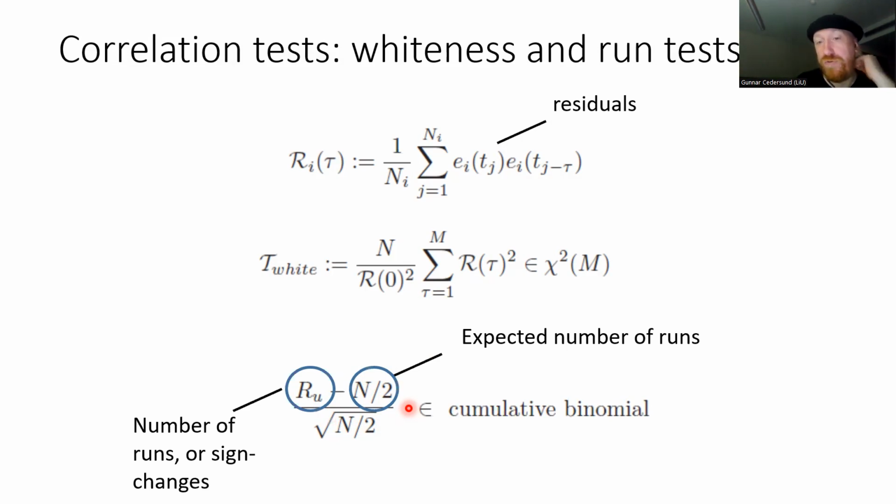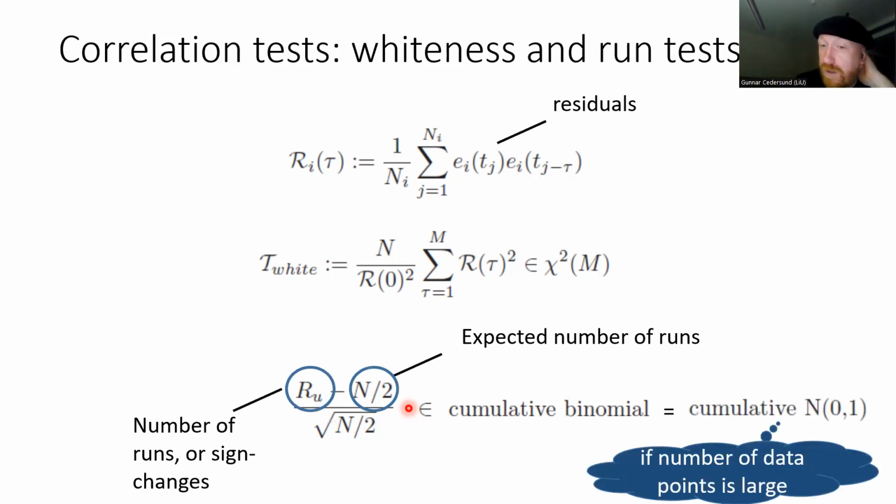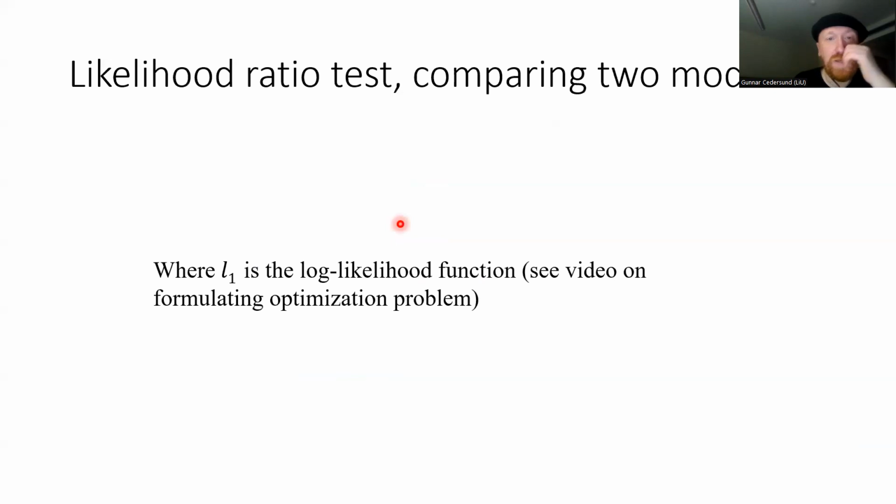If this is not a binomial distribution, then your assumption is not fulfilled and you have too many runs. So all of these are different tests. You don't need to understand at this point the details of these formulas. You just need to know that you can also check for the correlation of the residuals. So there are some tests that do that.